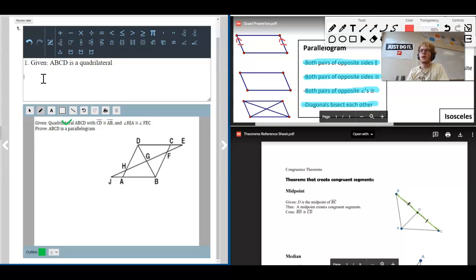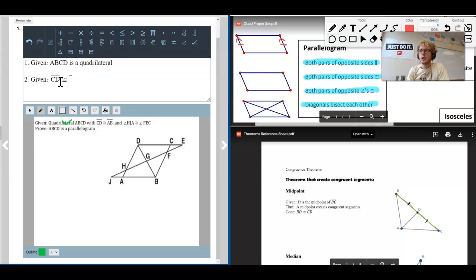Boom. Next is our next given. Now, you may be looking at this and thinking, Mr. Briggs, I thought we couldn't assume that opposite sides are congruent because we don't know that it's a parallelogram.